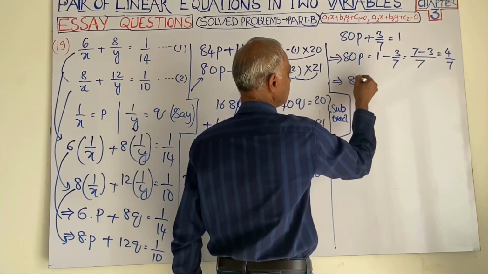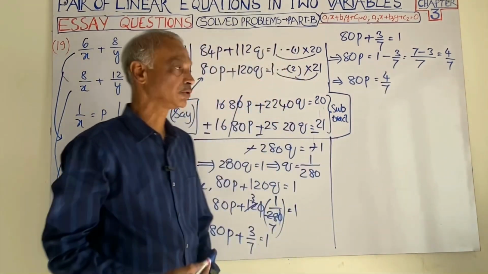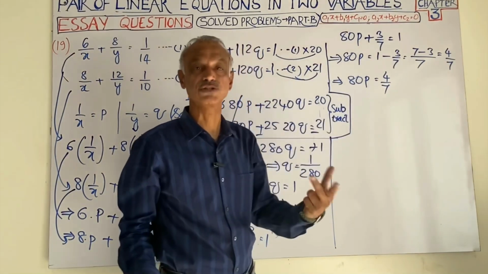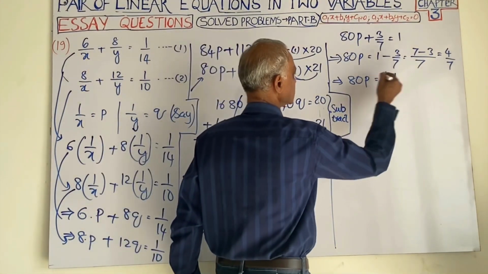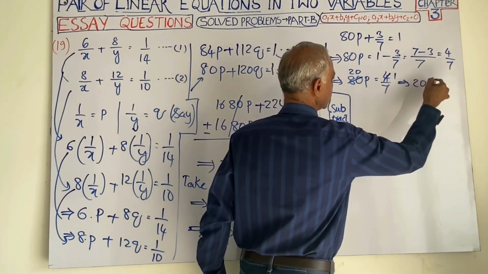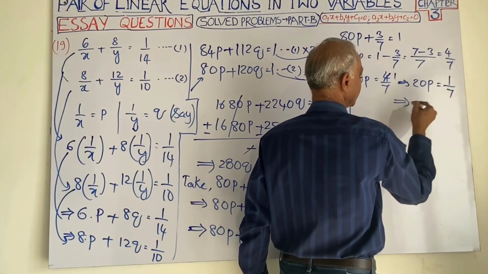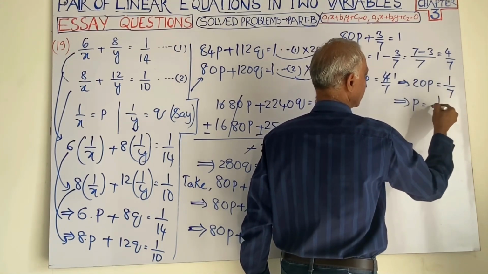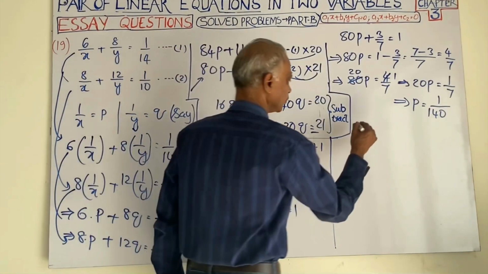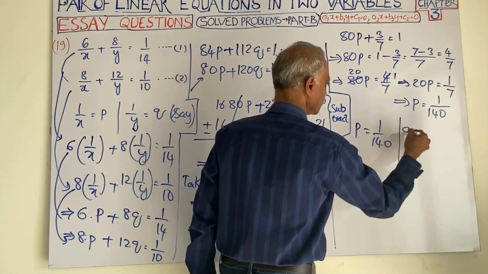We got 80p is equal to 4 by 7. I have already told you, you can cancel these two. 4 ones are 4, 20. You will have 20p is equal to 1 by 7, and you will get p is equal to 1 by 7 into 20, 140. Now p is equal to 1 by 140 and q is equal to 1 by 280.